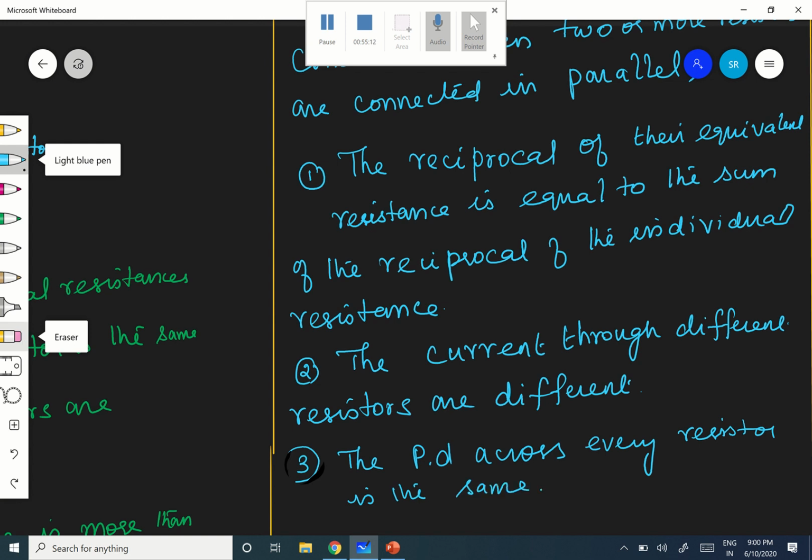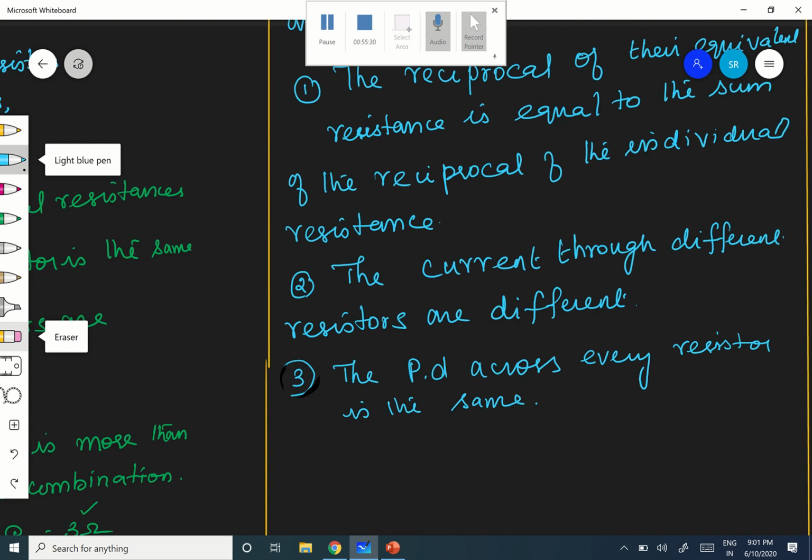Then the fourth one is very important. The equivalent resistance is less than the least resistance in the combination.